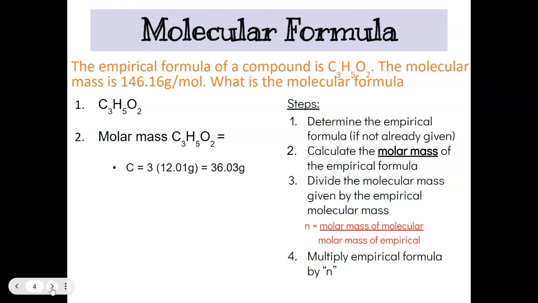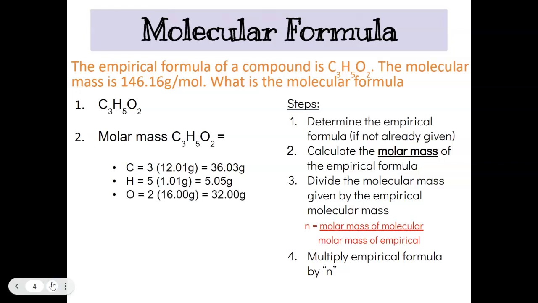So 3 times 12.01, again that 12.01 is coming from the table, will give us 36.03 grams. 5 times 1.01 will give us 5.05. Again, the 1.01 is coming from the average atomic mass. You have to use your periodic table.